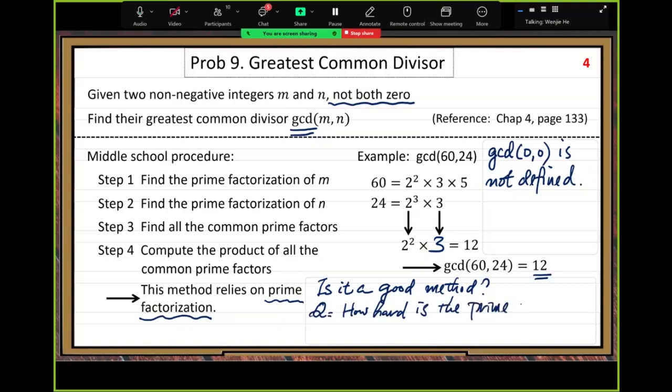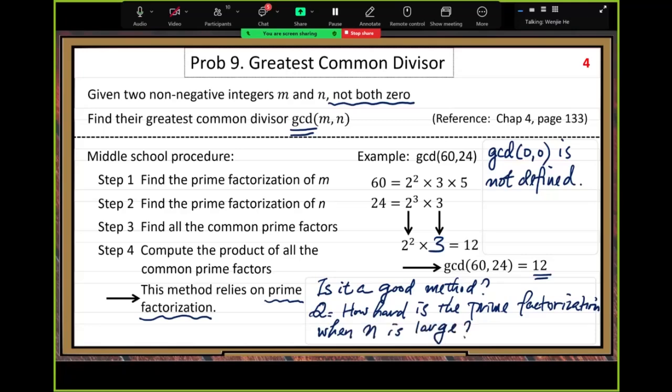How hard is it? Prime factorization, when n is large.